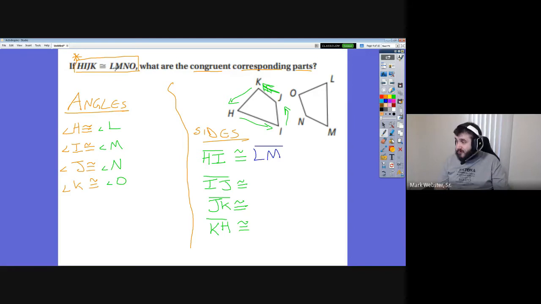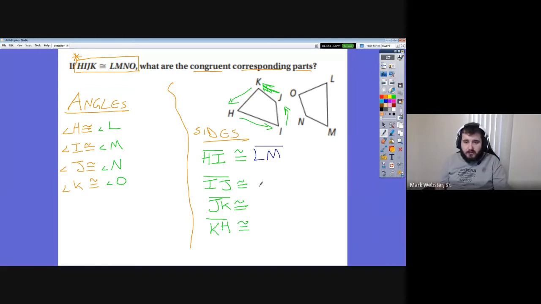And notice I'm purposely, deliberately putting them in order. I'm not doing HI and ML. I'm doing HI and LM. H goes with L. I goes with M. Anywhere you see an H, you better see an L. Anywhere you see an I, you better see an M. Simple as that.